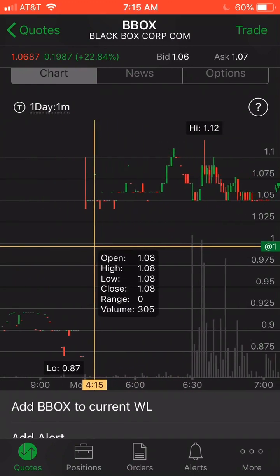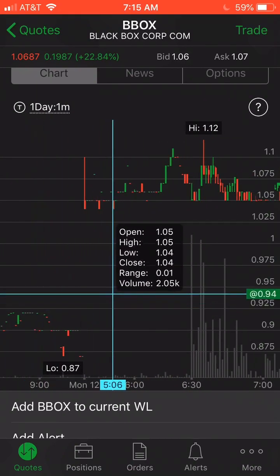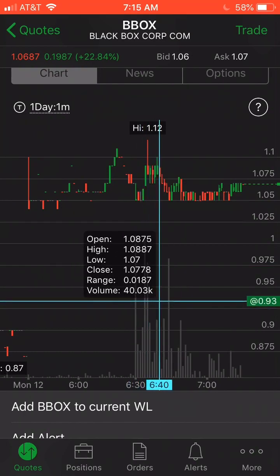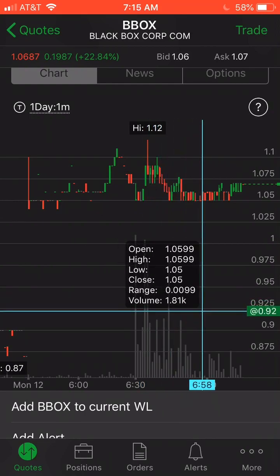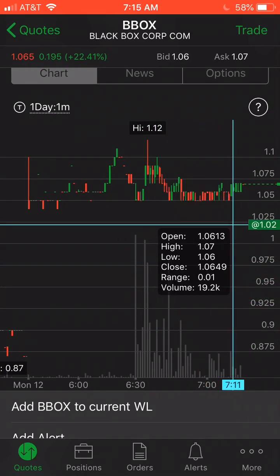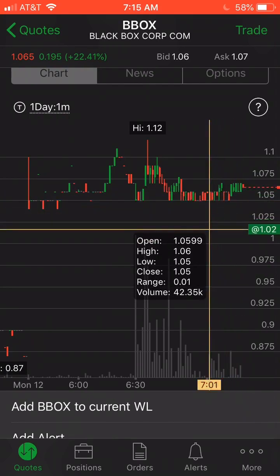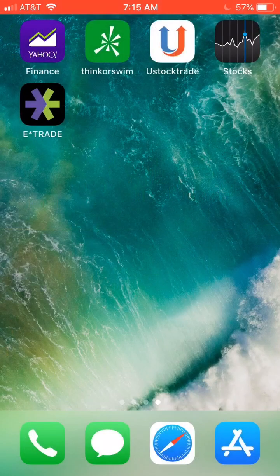And let's see the previous day, it was there. Okay, so it didn't really break the pre-market high. I'm not sure if it did or maybe it briefly did, but now it's stuck around here in the $1.05, $1.07.